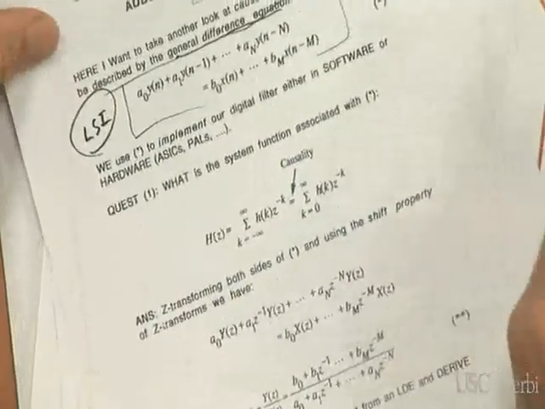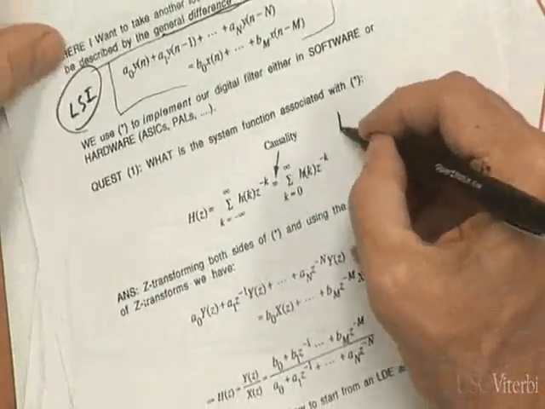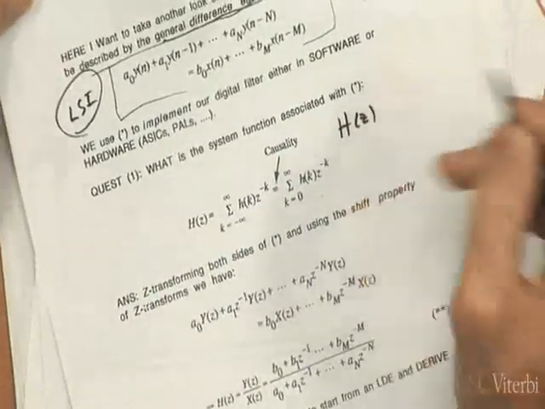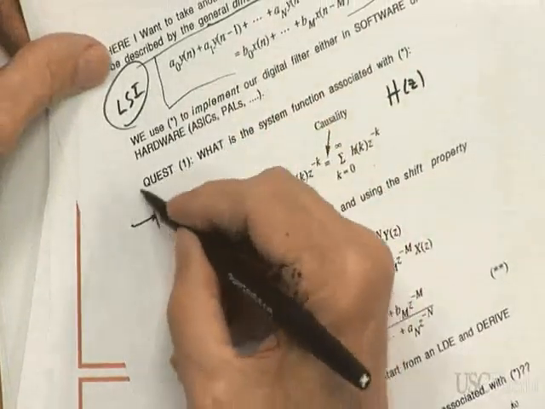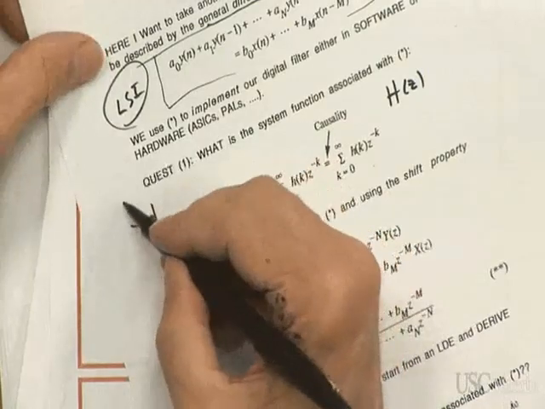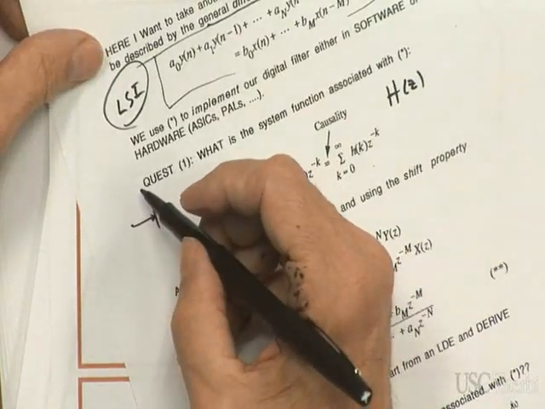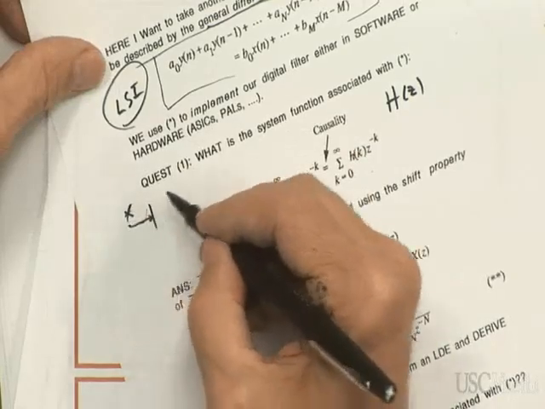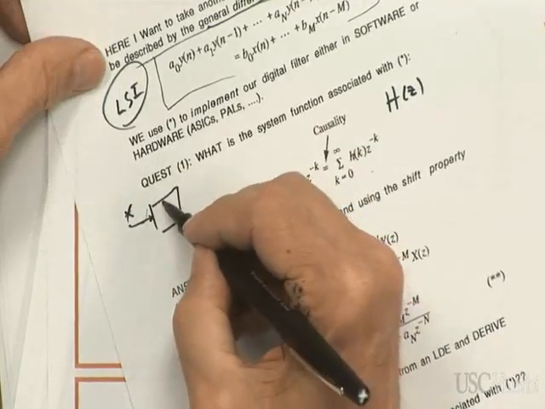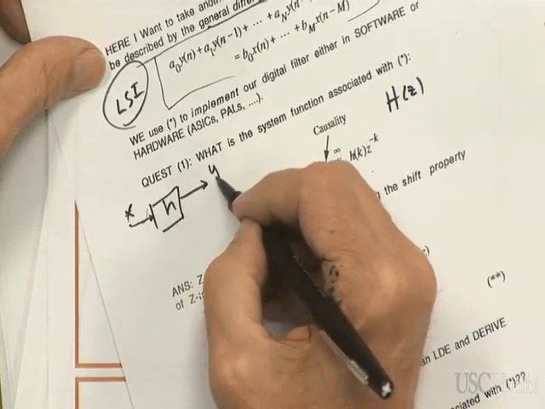Well, you get it several ways. You know that H of z... remember this property from when we talked about DTFTs of linear shift-invariant systems, x, h, y, we discovered a very fundamental property.